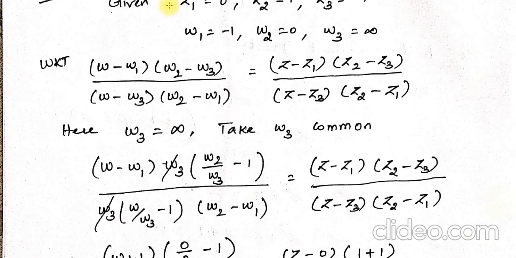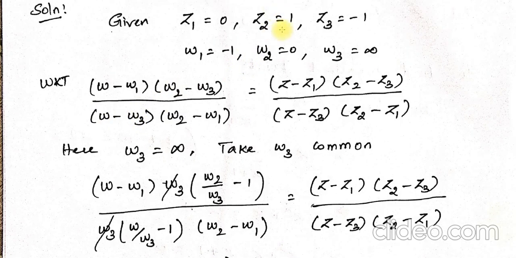See, here W3 is infinity, so I am taking W3 outside from this term and this term, right? Keep it in mind. Suppose Z2 is also infinity, instead of Z2 equal to 1, what we will be doing here is, I will be taking Z2 outside from this as well as from this.